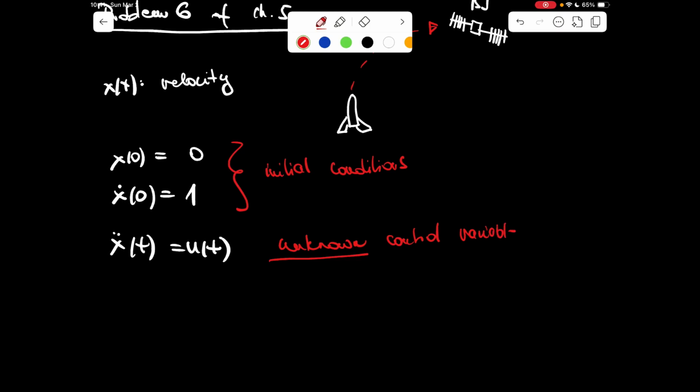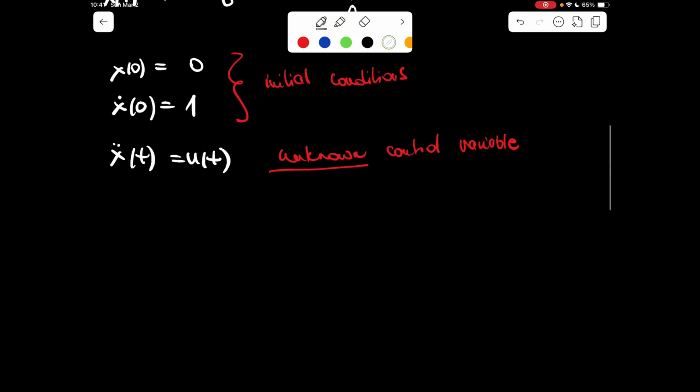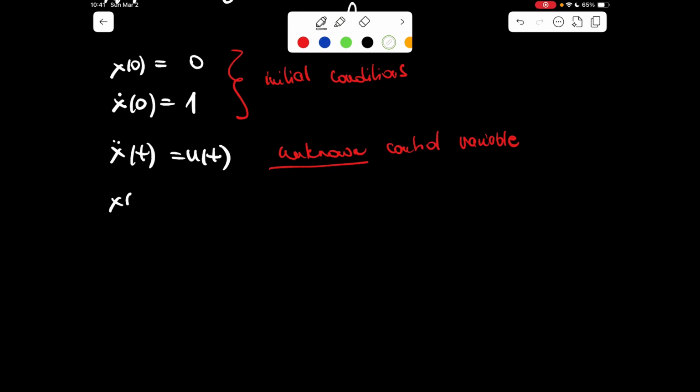So this is what we are looking for. And we also know that at the end of the mission, we must also be in a state of rest. So these are the terminal conditions.